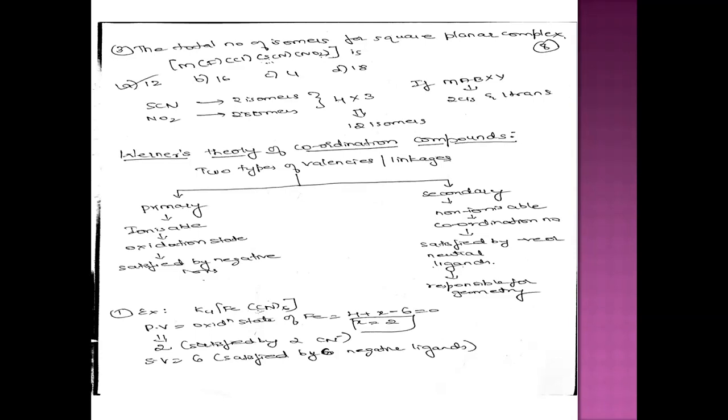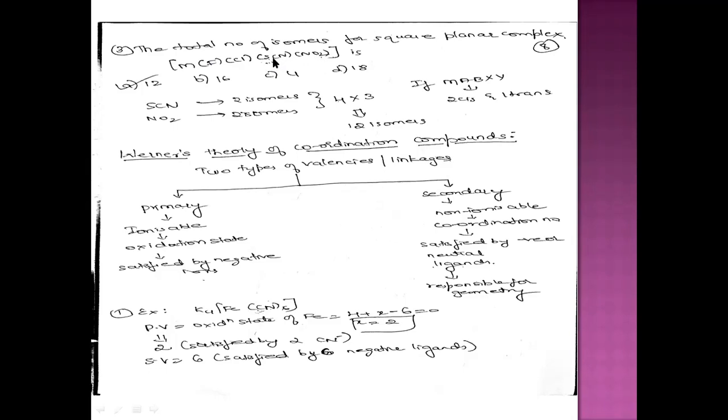First you rule out what is obvious. You know that square planar complexes do not show optical isomers, so rule out the optical isomer. Next come geometrical isomers. What is the type of this square planar complex? It is MABXY, all 4 different.